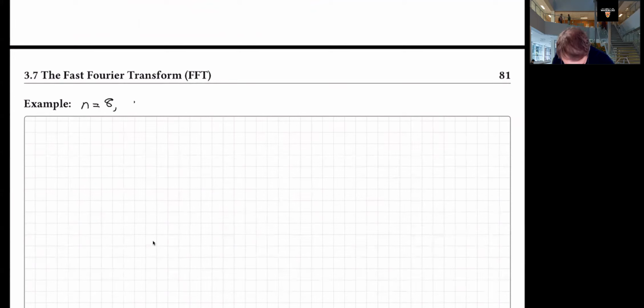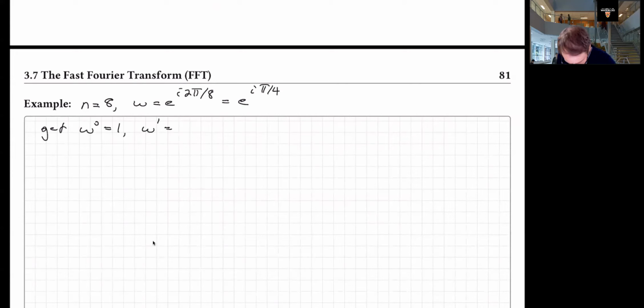So our omega is e^(i 2 pi over 8), which is e^(i pi over 4). So we get that omega to the power of 0 is equal to 1.